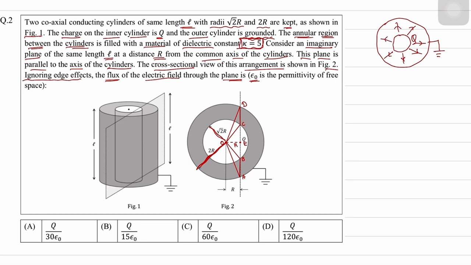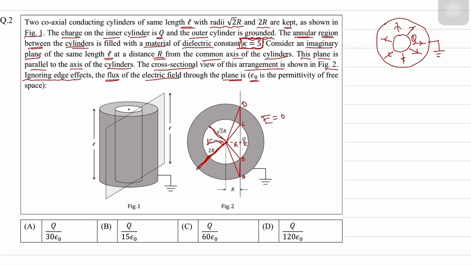A similar case is happening here: between the two cylinders, the electric field is found only between these two, not outside and not inside. So the electric field outside will be 0, and inside will be 0.